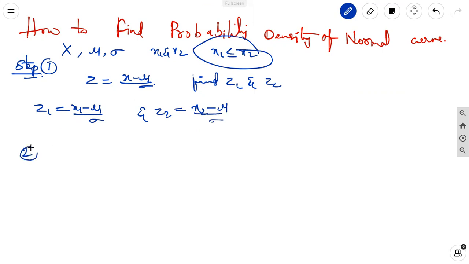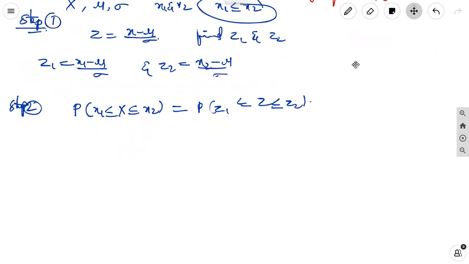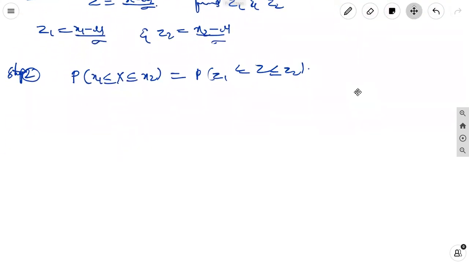So in the second step, the general probability with x1 less than or equal to x less than or equal to x2 can be converted into standard form, z1 less than or equal to z less than or equal to z2. Here the probability area or the normal area can be calculated depending on the z1 and z2 values.